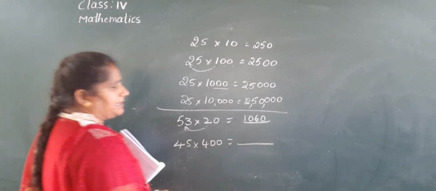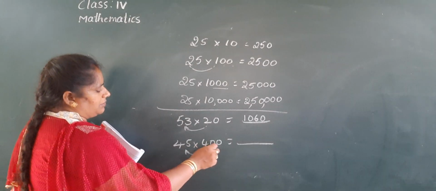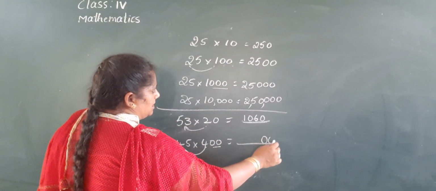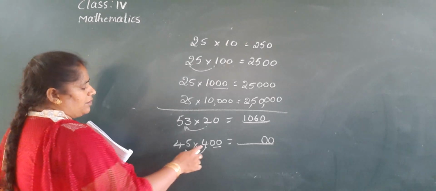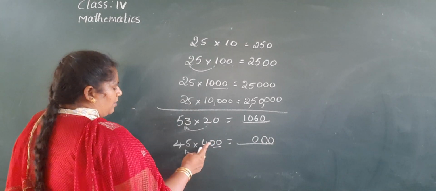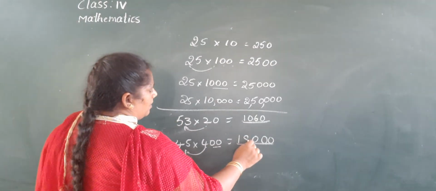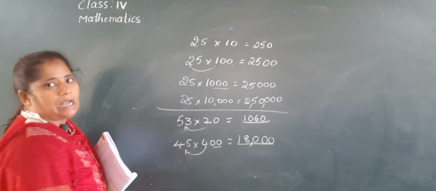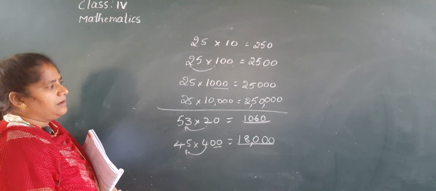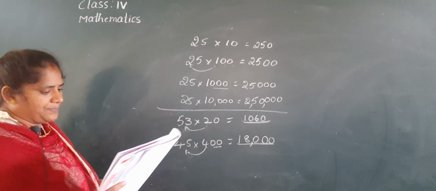How can you multiply these numbers? First you multiply this number, so keep these 2 zeros as is. Now you multiply by 4. 4 5s are 20, 2 in hand, 0 is down, 4 4s are 16, 17, 18. Now this is 18,000. Is it clear to you? Like this we will multiply the multiples of 10.